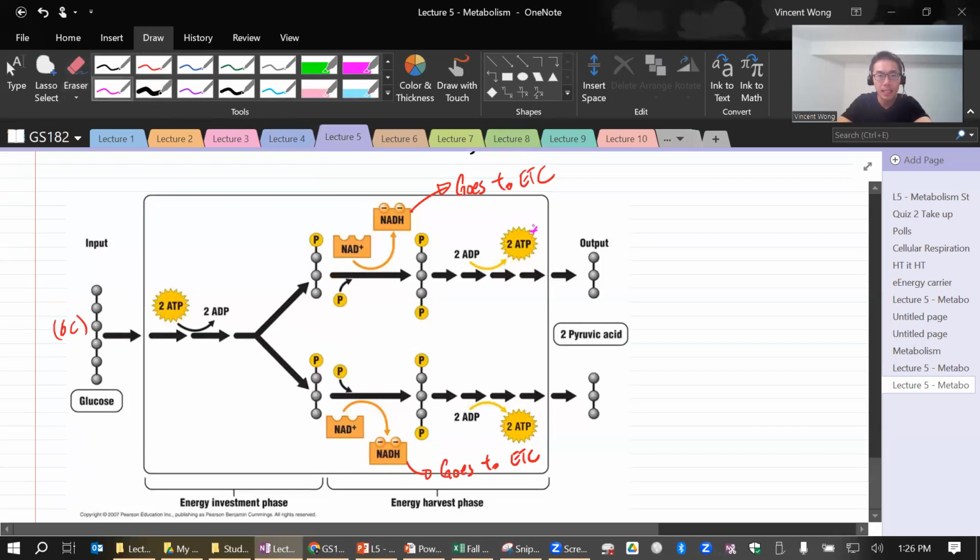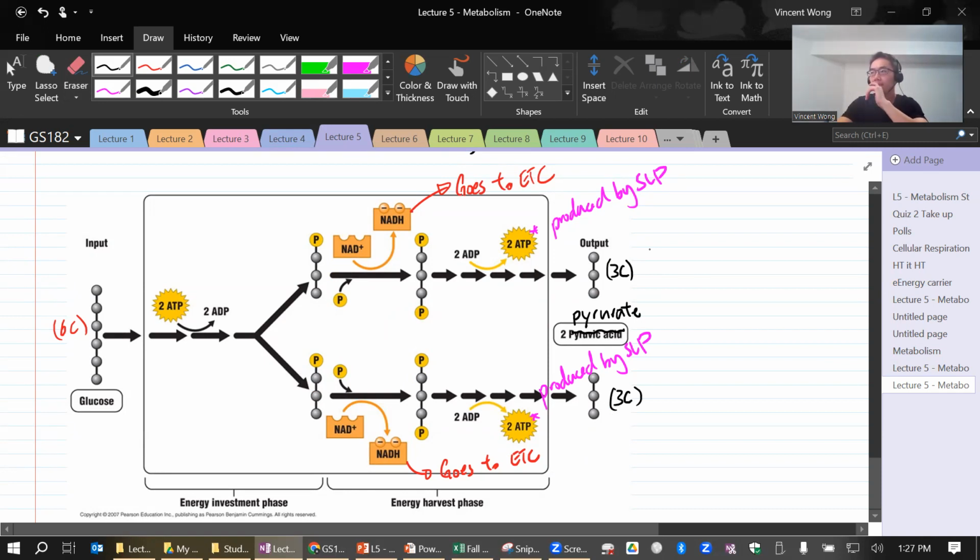These ATPs are produced by substrate level phosphorylation. And in the end, we get our pyruvate, pyruvic acid, same as pyruvate. Each of them has 3 carbons in it.